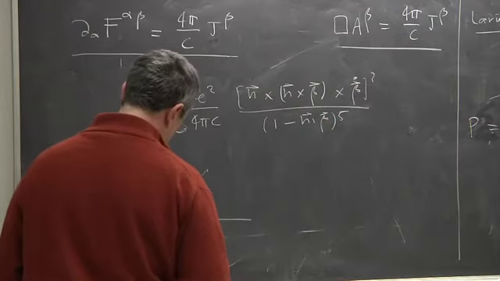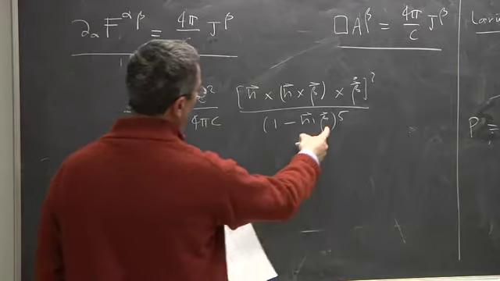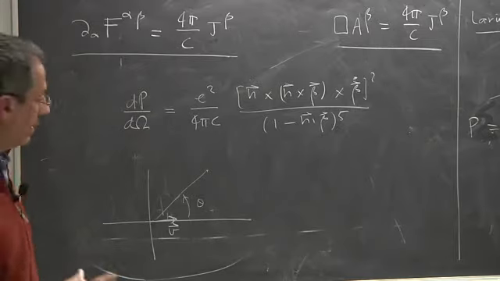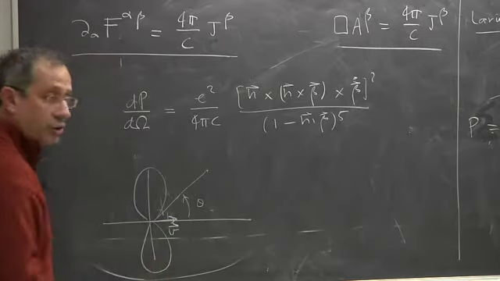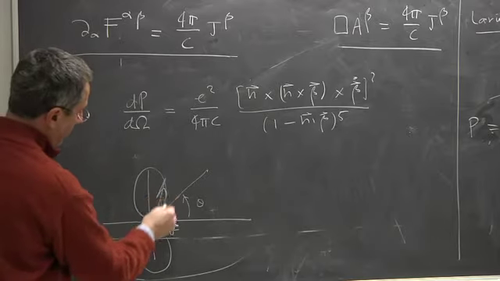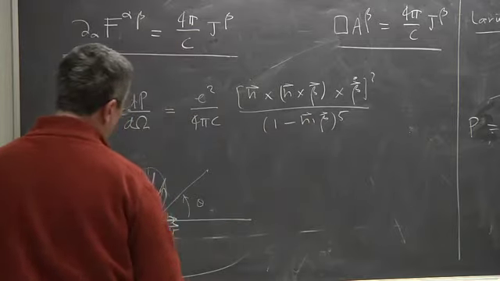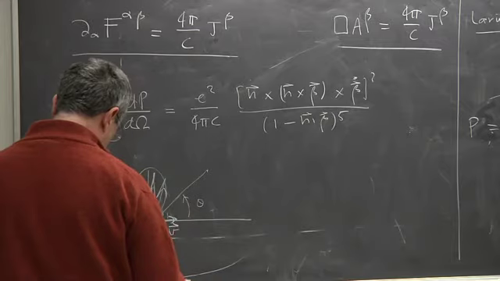So in other words, it has an interesting distribution, right? Depending on the value of beta, you remember that for small velocities, we discovered that the radiation was all emitted in this direction here, right? But now you see that this was for beta close to 0, for v much less than c.